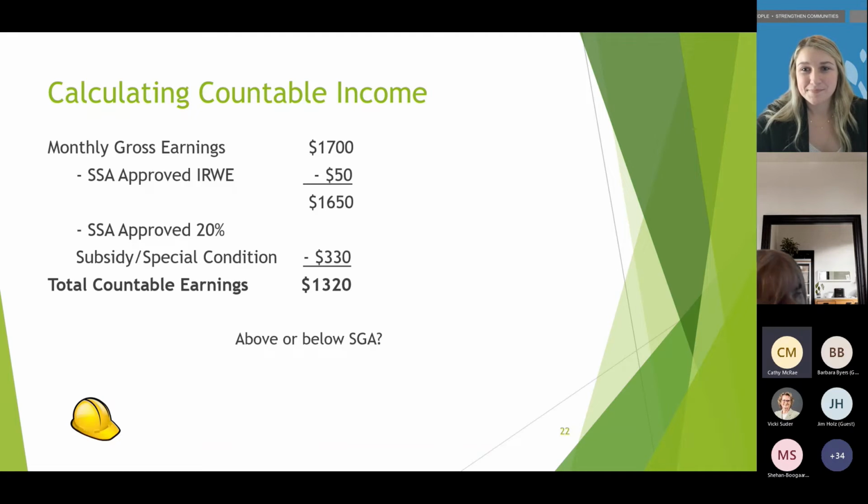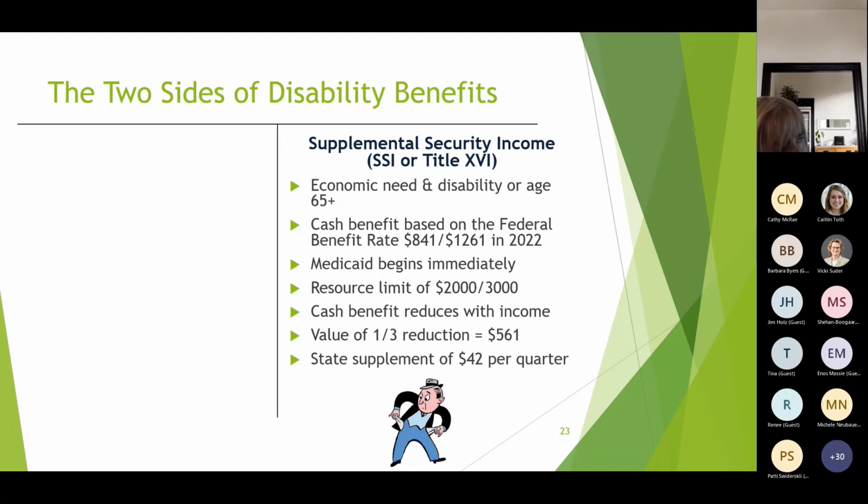Okay. All right, I'm going to go ahead and go on to SSI. So next slide, please. So supplemental security income, as I said, is based on economic need plus disability, or that the person is over the age of 65.